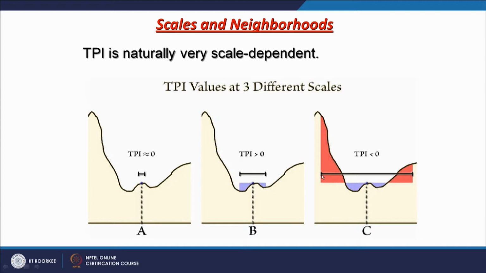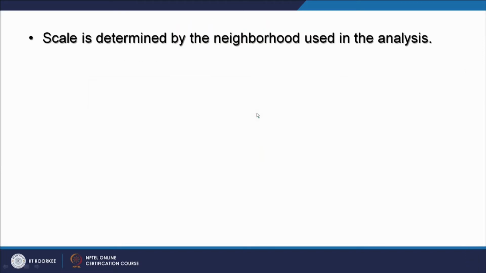If the scale is further changed, like here the scale bar becomes larger, then we are encompassing these two things, and the valley bottom has been completely incorporated when this TPI is less than 0. So that is why it is said that the TPI is very scale dependent.